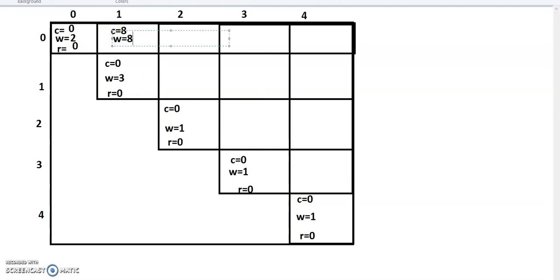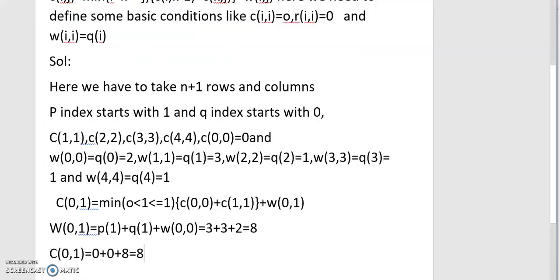W also 8, and R value is 1. R value is nothing but the K value. K value, how much have we taken here? 1, right? So R value is also 1.